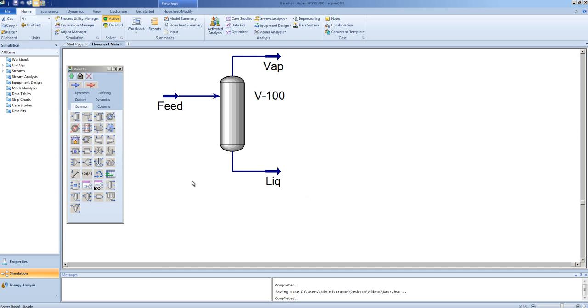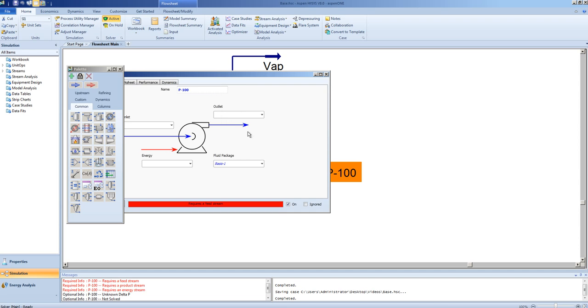So the pump is found in your palette, right? And you basically select, I'm just looking. There's a pump. So you connect your pump.